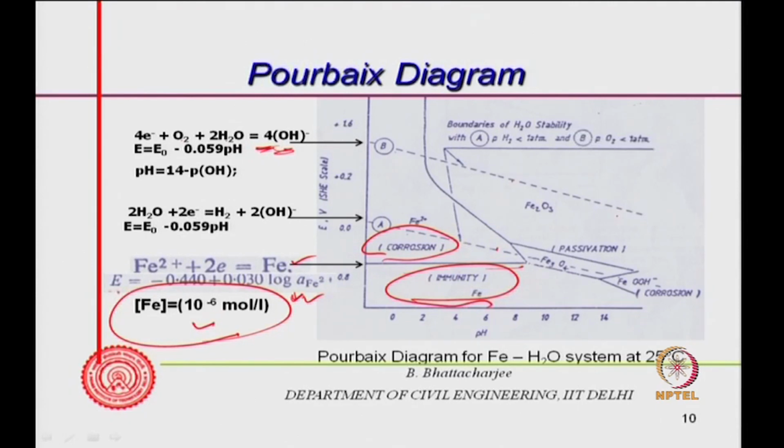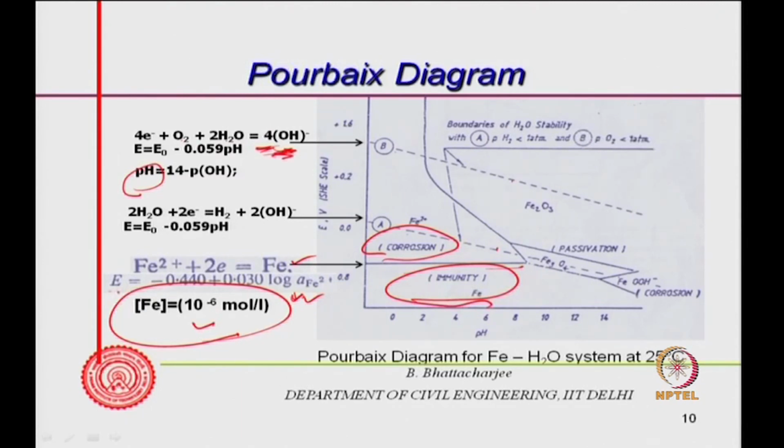All right. Now, OH ion concentration can be replaced by pH, because when you write down the Nernst equation for this, I will have the concentration of hydroxyl ion.